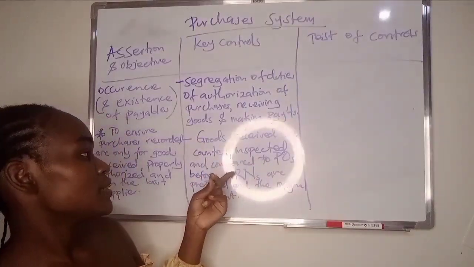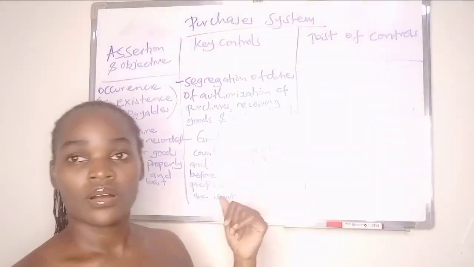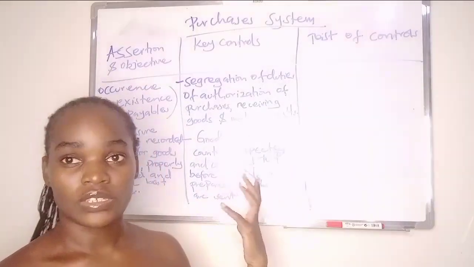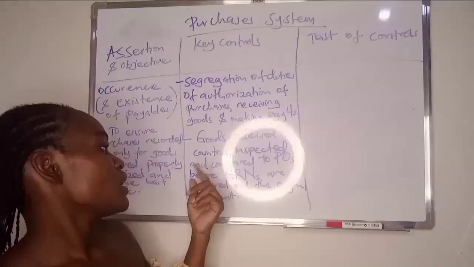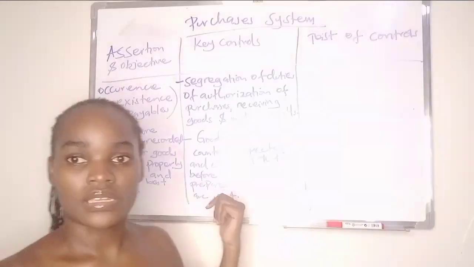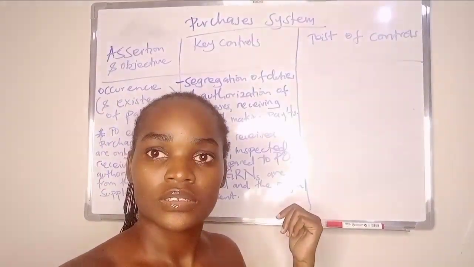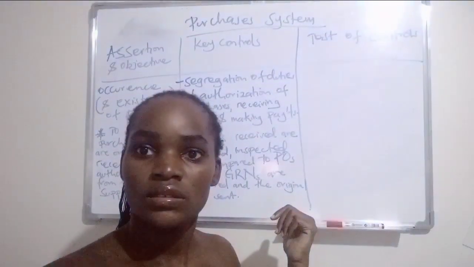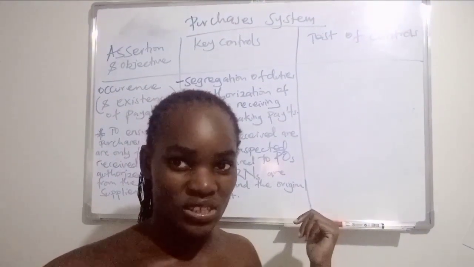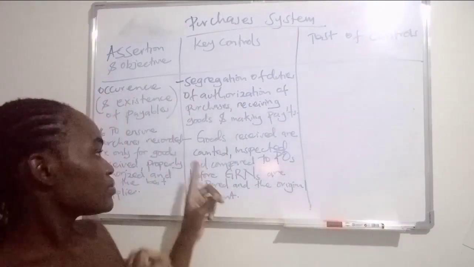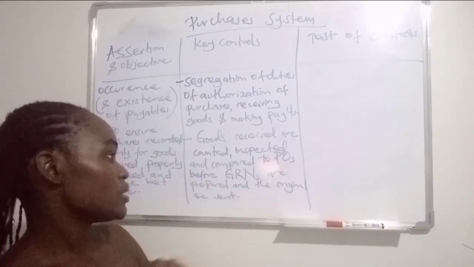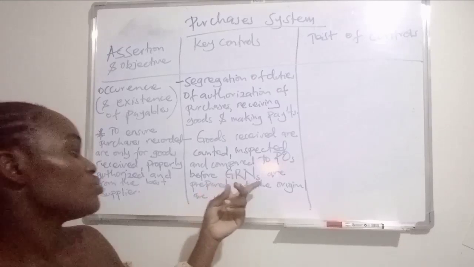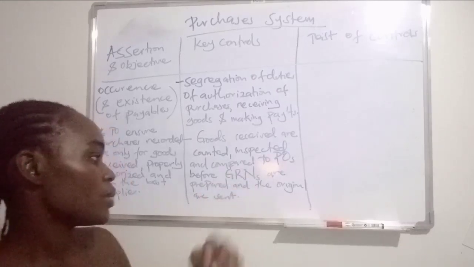The next control is that goods received are counted, inspected, and then compared to POs, which are purchase orders. Goods received are counted, inspected, and compared to purchase orders before goods received notes are prepared.